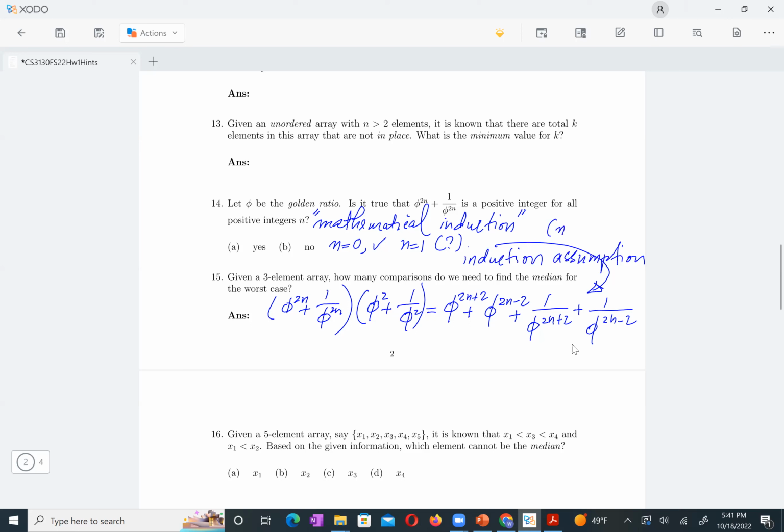Look at the notes: what is the way? The Fibonacci formula in our notes. Induction assumption. But you need to complete the last step, step 3. The formula I give you is for your step 3.